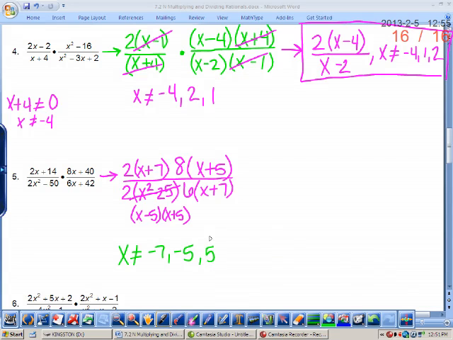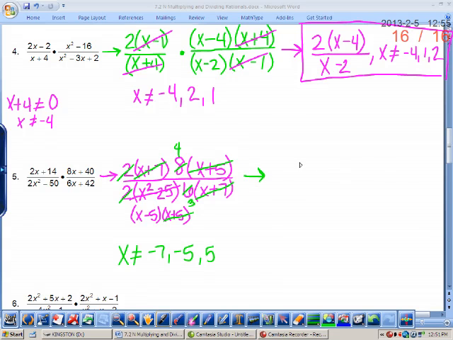All right, now we can start canceling. So as we already heard, the 2 over the 2, are those factors? Yeah, they're being multiplied, so those can cancel. x plus 7 over x plus 7. How about this 8 and the 6? Yeah, you can reduce that. What's 8 over 6 reduced to? 4 over 3. And then this x plus 5 cancels with this x plus 5.